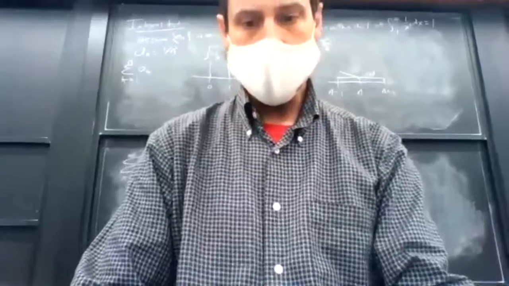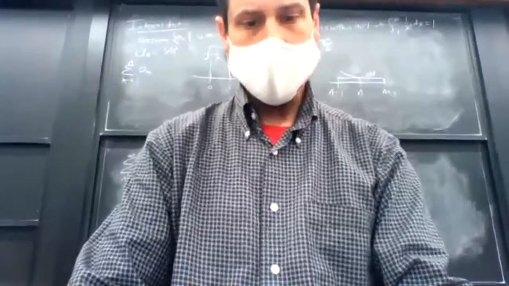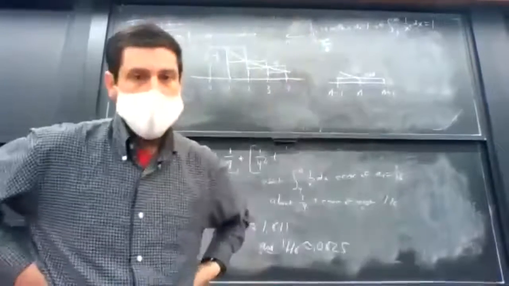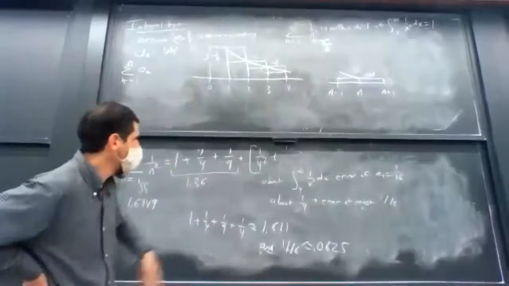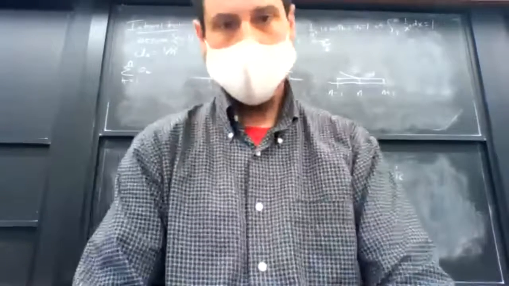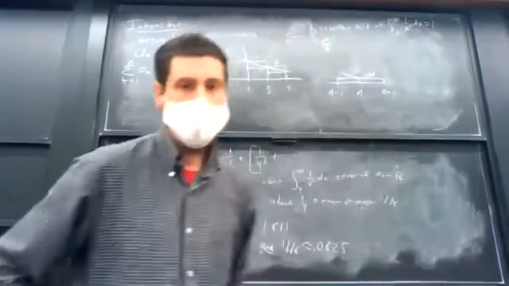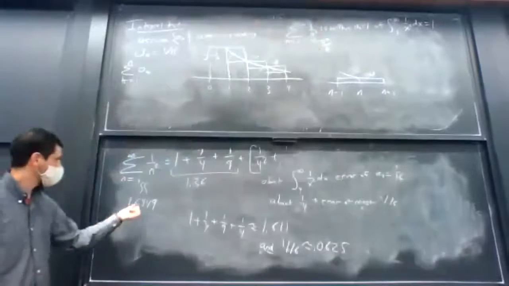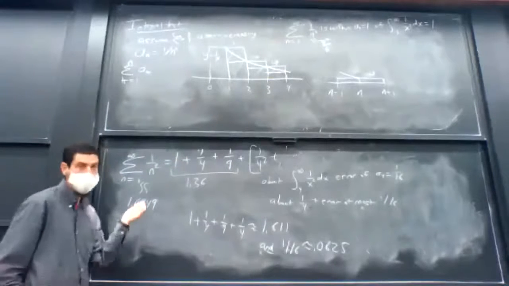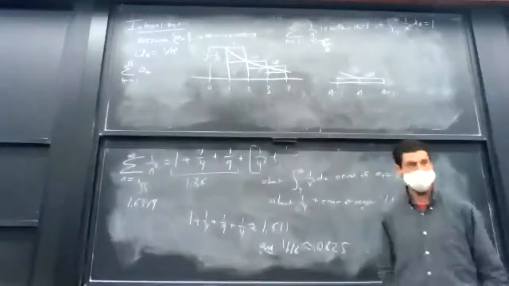So if I sum 1/n squared from 1 to 9, I get 1.53. Then I have to add in a 1/10 from that. So add in 0.1. And so I get 1.639 versus 1.644. Well, 1.639 does round to 1.64. So I've gotten the first two decimal digits correct after taking just 10 terms.